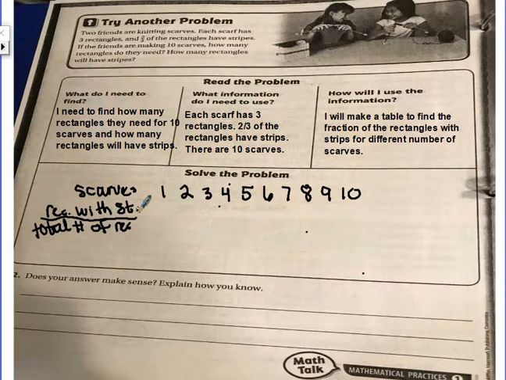So for one scarf, each scarf has 3 rectangles and 2/3 of them have stripes. So for one I'm going to put 2/3, because we know that for now. Then when I'm dealing with two scarves, I'm going to move up to 4/6.